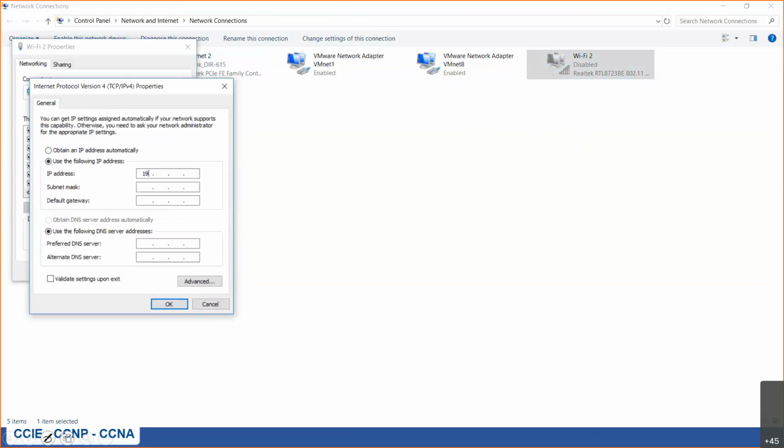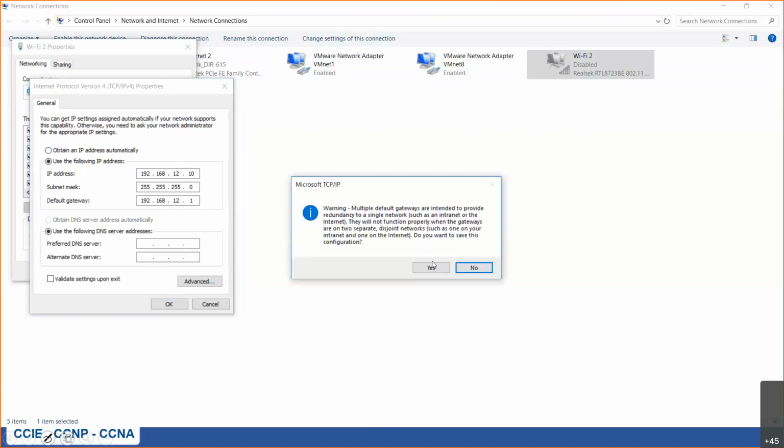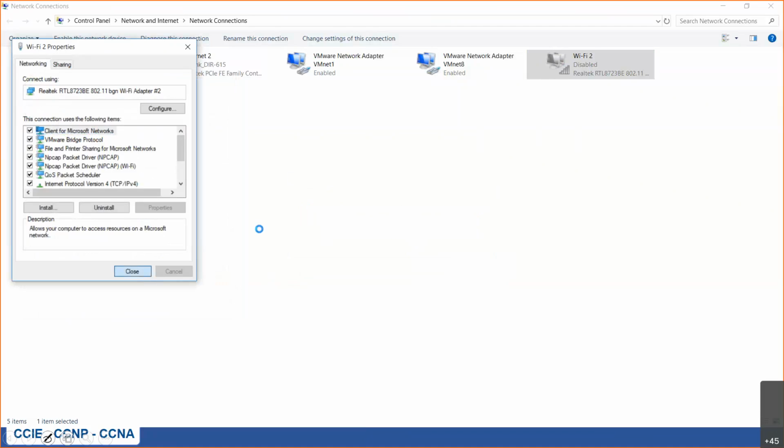For example, 192.168.12.10, subnet mask 255.255.255.0. For the default gateway, generally the first valid IP is recommended: 192.168.12.1. Then you can press OK and close.